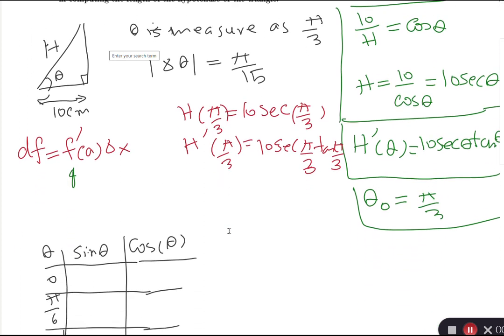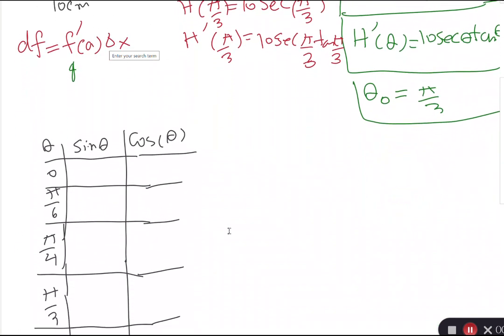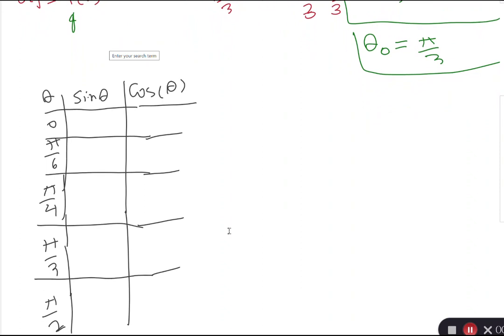Let's go down to the table for sine and cosine. These are the ones that we want to memorize: 0, pi/6, pi/4, pi/3, and pi/2. And there's a way of memorizing. It's the square root of 0 over 2, then square root of 1 over 2, then square root of 2 over 2, then square root of 3 over 2, then square root of 4 over 2.